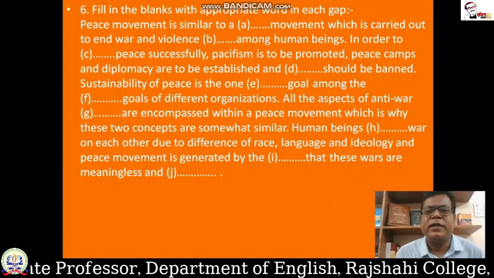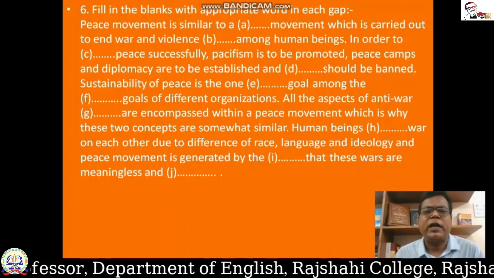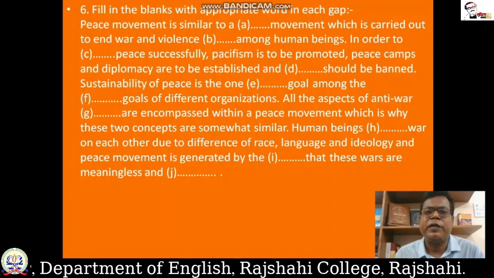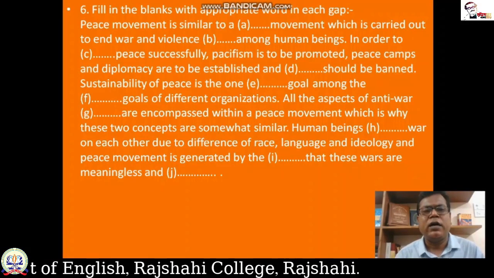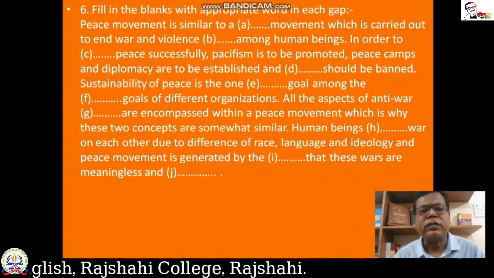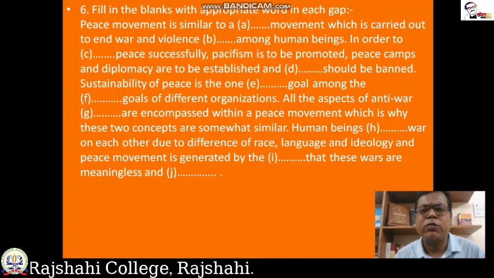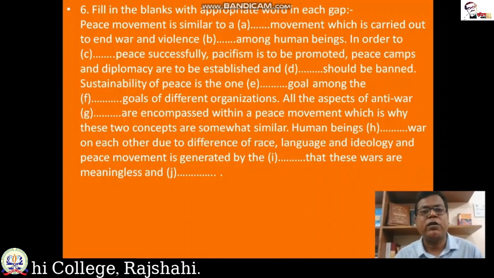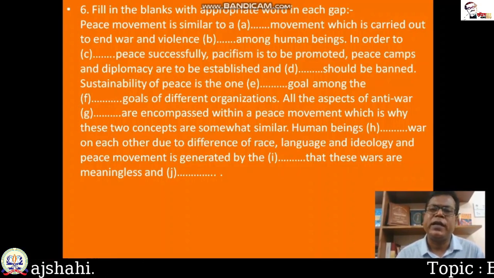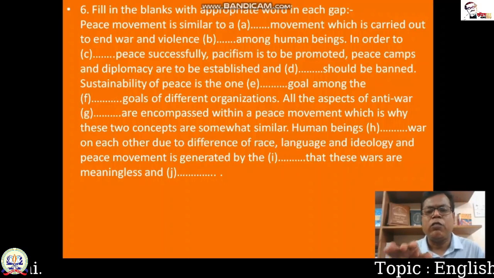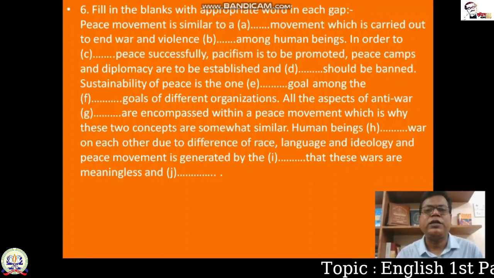Sustainability of peace is the one dash goal among the dash goals of different organizations. You know that there are different peace movement organizations in the world, and once there were a lot of them, but their one common goal is to sustain peace.